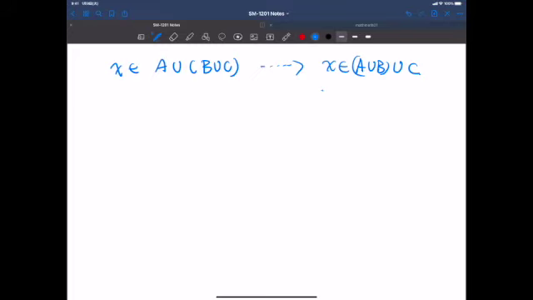And do the same thing in the opposite direction. Then we can say that these two sets are actually equal. And same for intersection. Okay.